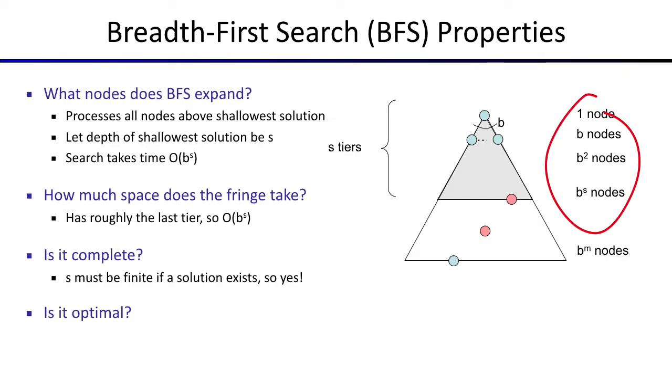If all of the costs are the same, then it's optimal, because it's going to find us the solution that takes the fewest number of steps. Breadth first search is not yet considering the costs on those actions, and that's the next algorithm we'll look at. Is it optimal? Only if all costs are 1, or if all costs are some constant.